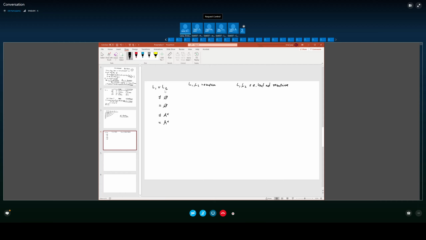And of course, if one of those two Turing machines, the one for L1 or the one for L2, says yes, a particular word is in that particular Turing machine, then of course we can immediately say this is not empty, and so this is RE, but obviously not recursive.